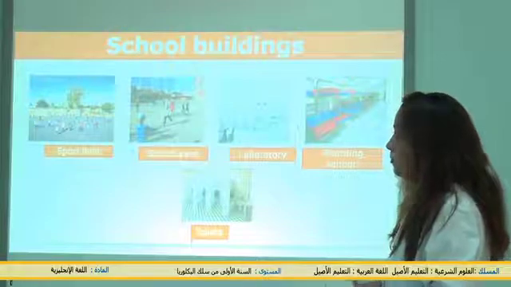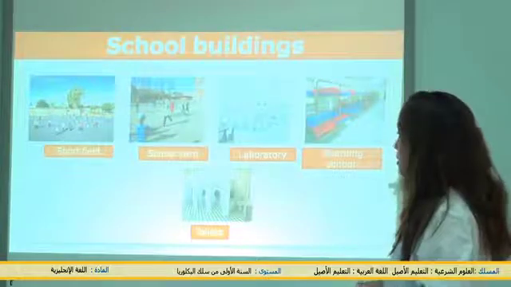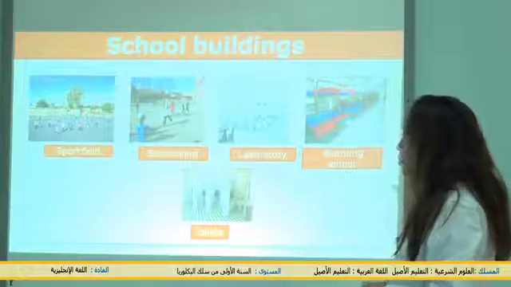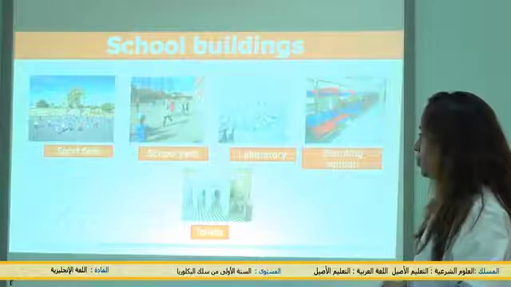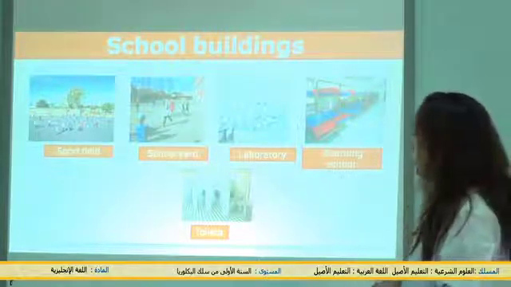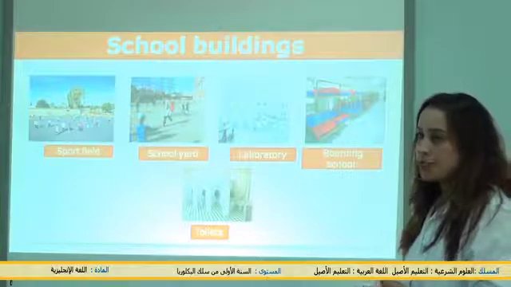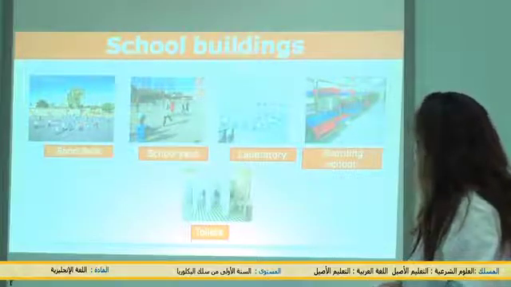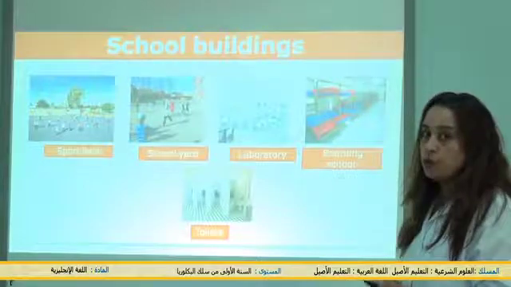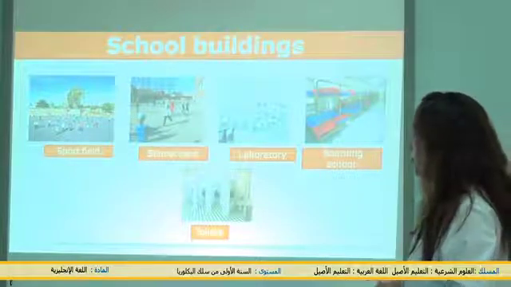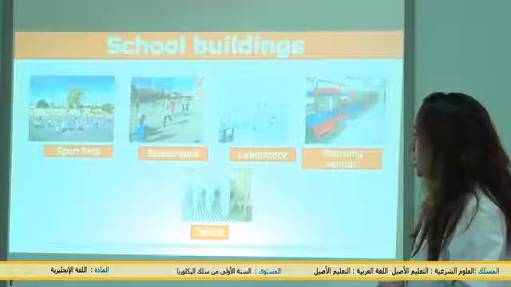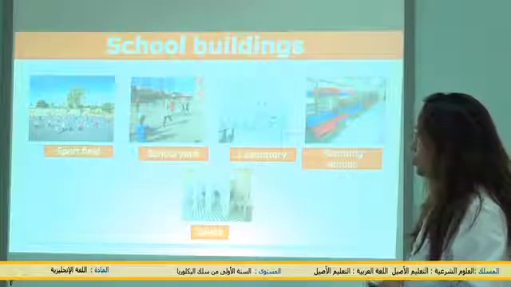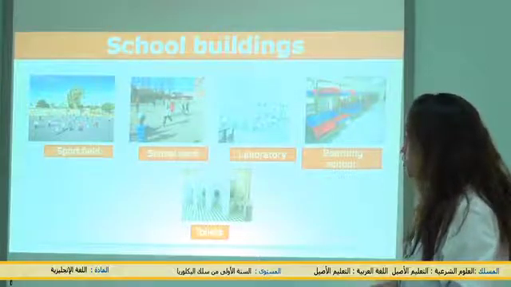They can also play gymnastics, etc. The school also can contain what we call a schoolyard. A schoolyard is a place where students can take a break from their lessons. After finishing, for example, 2 or 3 sessions, students can have a break and play in the schoolyard.